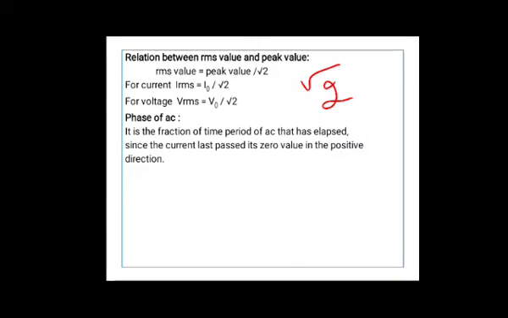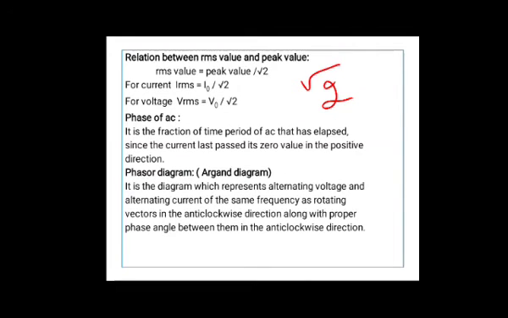Next one is phase of AC. It is the fraction of time period of AC that has elapsed since the current last passed its zero value in the positive direction. Here in this chapter we are using Phasor diagram. So what is this Phasor diagram? It is also called Argand diagram.